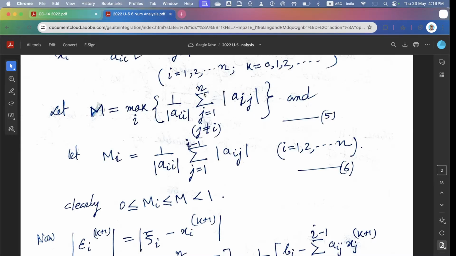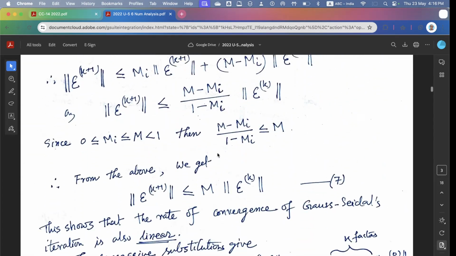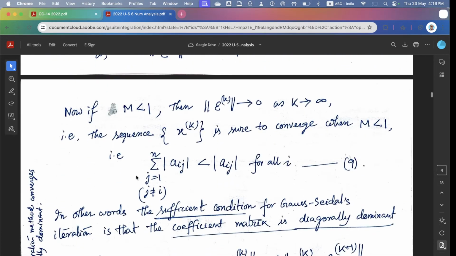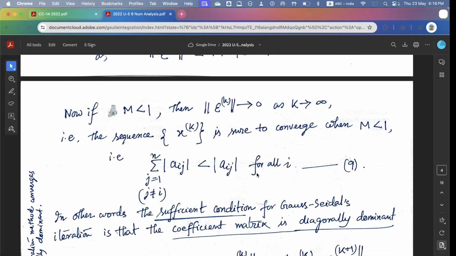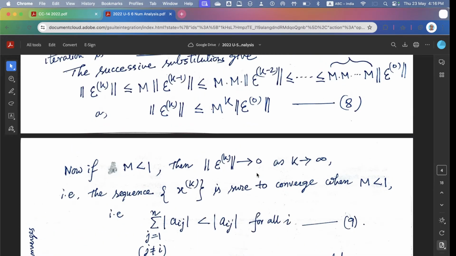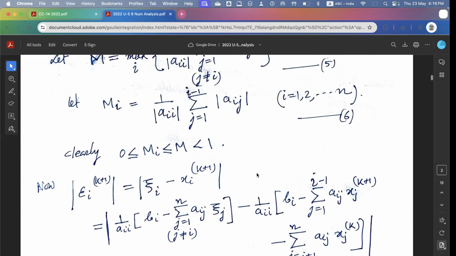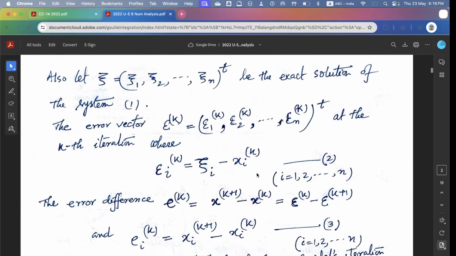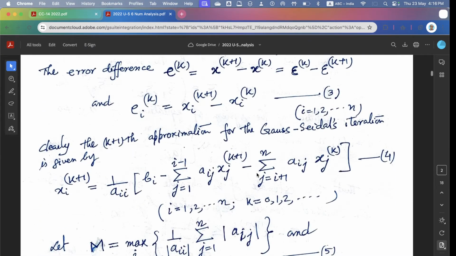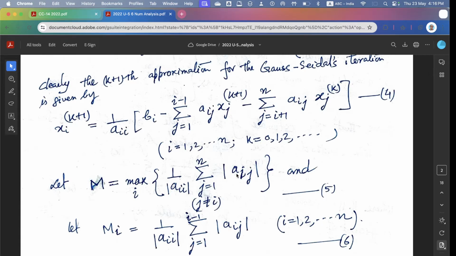This means the summation over j equal to 1 to n, j not equal to i, of mod of aij is less than mod of aii. That is, m is less than 1.